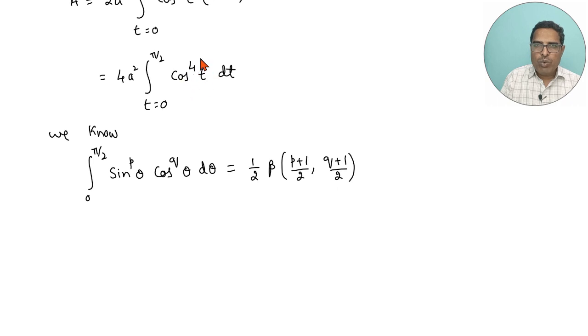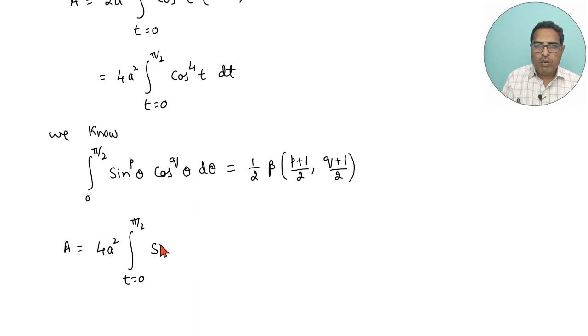Now let us try to compare this integral value with this one. There is no sine over here, so let me rewrite this one. So a will be equal to 4 times a square, integral of t from 0 to pi by 2.